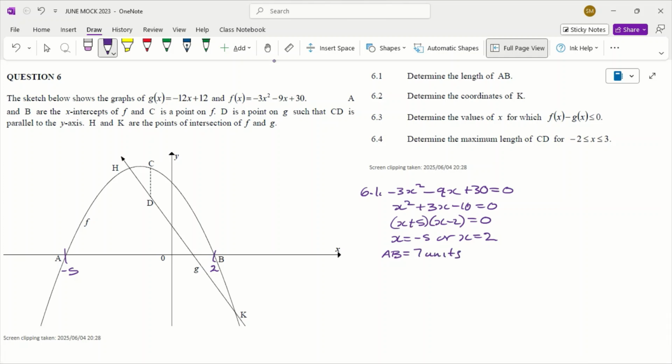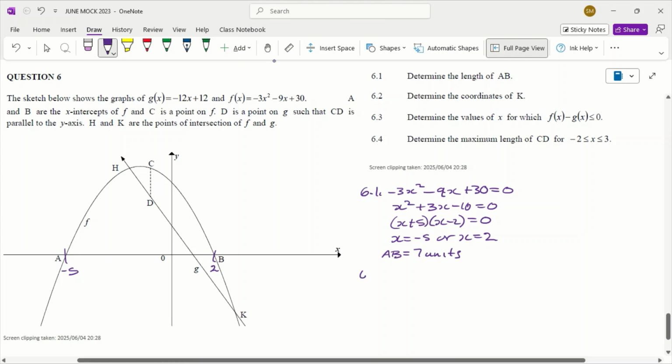So f of x, the parabola, which is negative 3x squared minus 9x plus 30, should equal g of x, which is negative 12x plus 12.